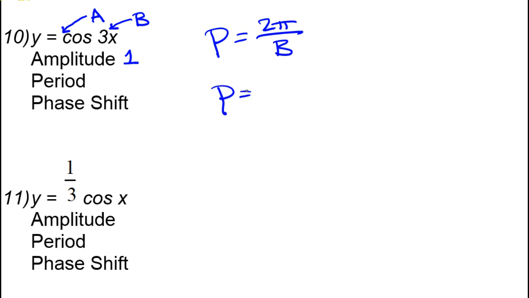So the period will be 2 pi divided by 3. All right, that's interesting. So that's my period, 2 pi over 3. The phase shift will be none because nothing is being added or subtracted on the end. So no phase shift yet.